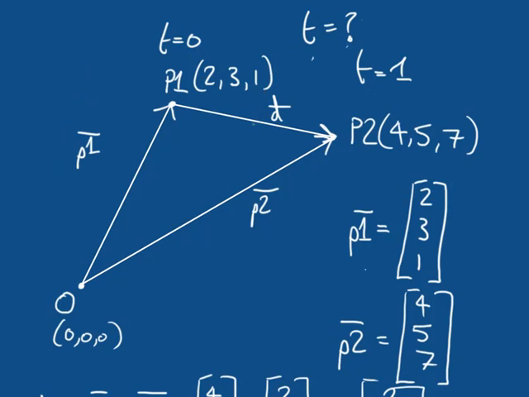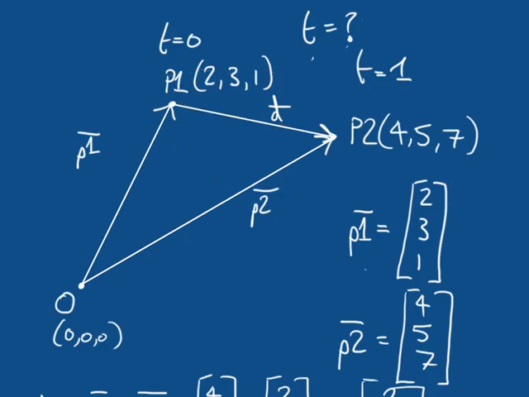Well, by solving for this parameter value t, and knowing that t equals 0 at the start point of our line segment and t equals 1 at the end point, we can check this parameter value t. Because if t is between 0 and 1, we know the point of intersection is on the line segment that travels between P1 and P2.